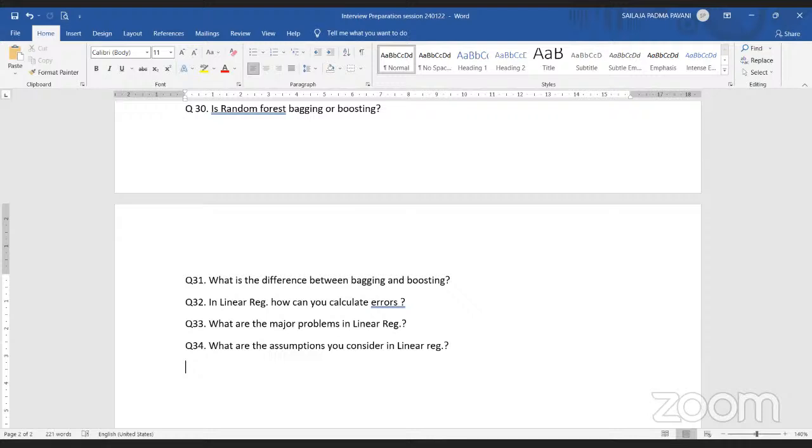My next question is, what is the disadvantage of linear regression? What is the disadvantage of linear regression?